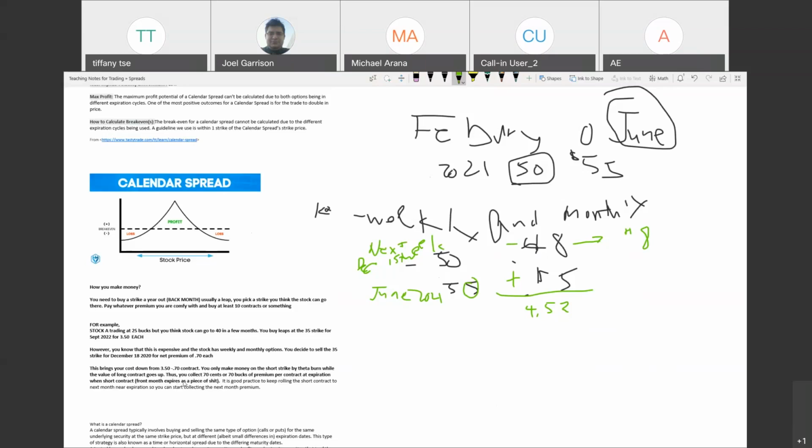You collect the $70 per premium per contract at expiration when the front month expires worthless. It's also good practice to keep rolling them to the next month. So that way you can still collect premium and you're still net long. And that's what you do to make money.